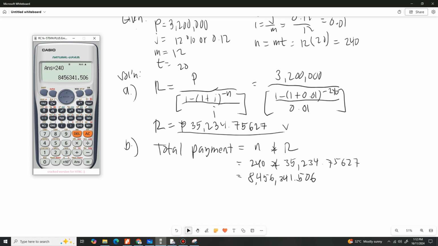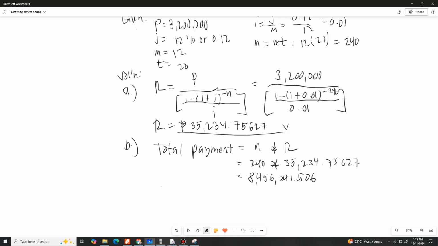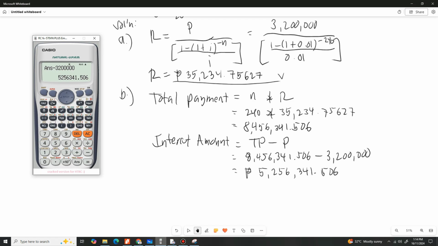We are going to have 8,456,341.506. And then our formula for interest amount will be the total payment minus the principal. So our answer for letter B is 5,256,341.506.